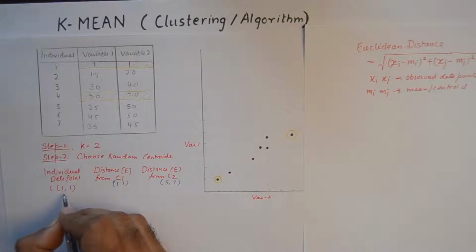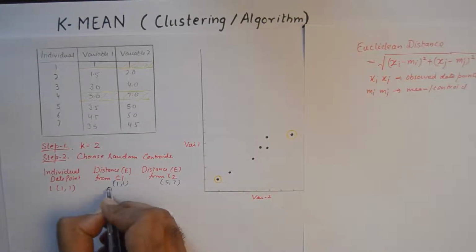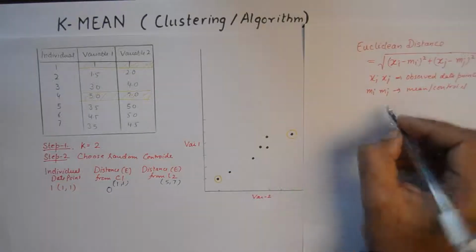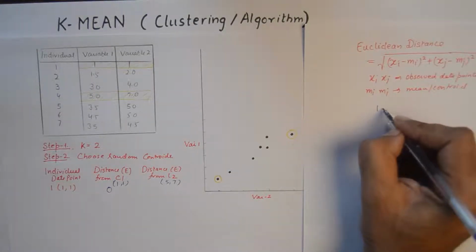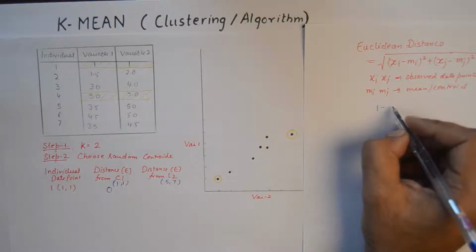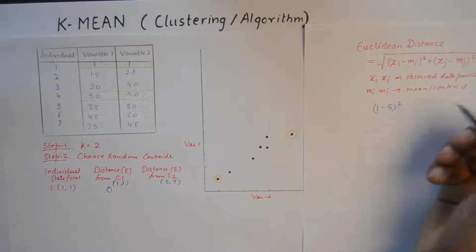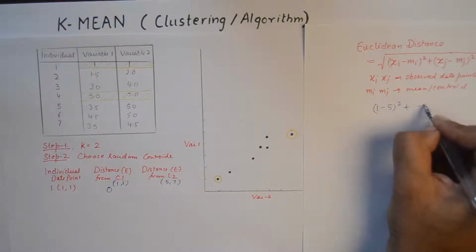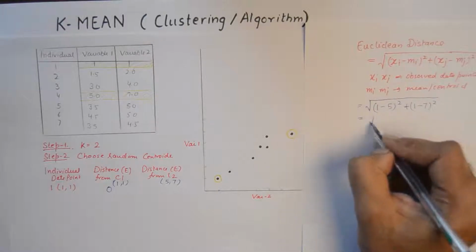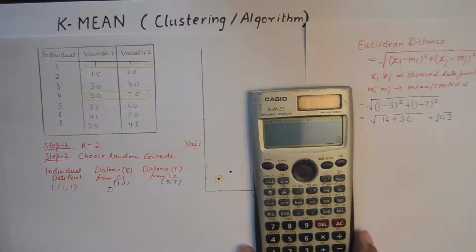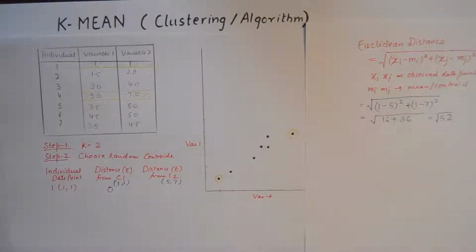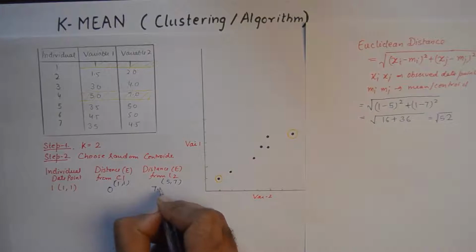So the distance of this data point from the centroid 1, which is 1 1, is 0, and the distance of this data point from this centroid can be calculated as the square root of (1 minus 5) squared plus (1 minus 7) squared, and this becomes the square root of 52, which is 7.21. So I'll say this distance is 7.21.